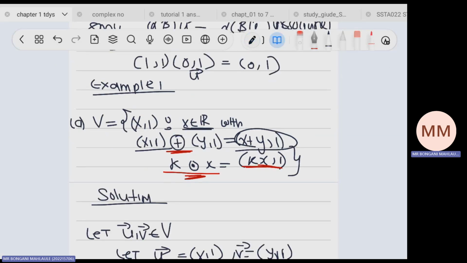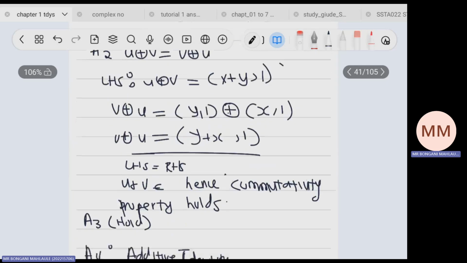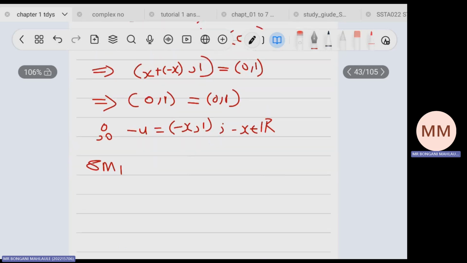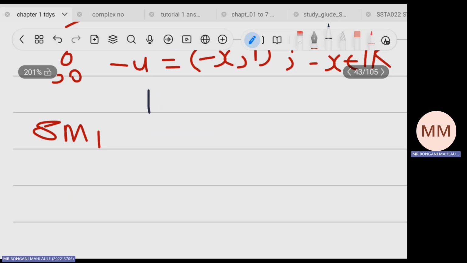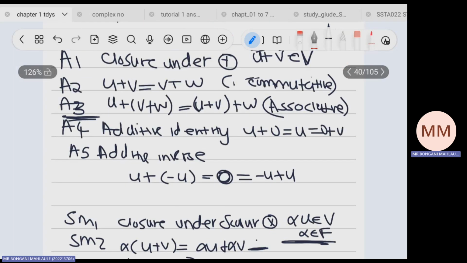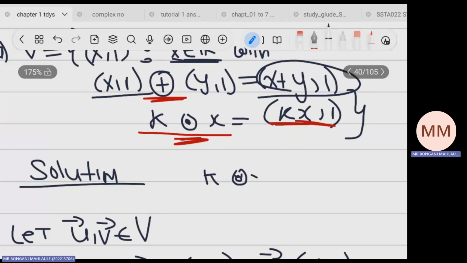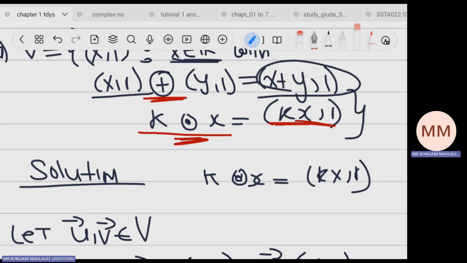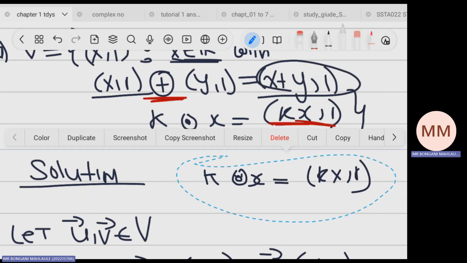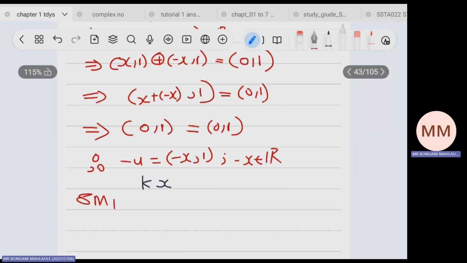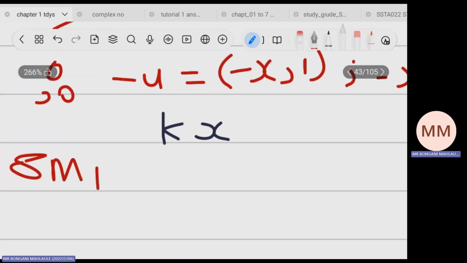That's already given. So we want to check if that holds. We're given this condition, if you multiply a scalar times a vector, you'll get kx, and then 1 is fixed. So I want us to put that there. So we know this already.